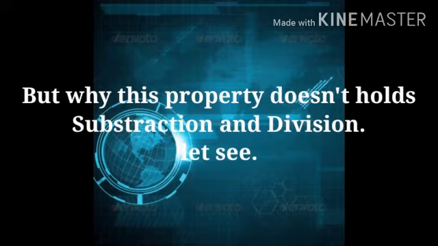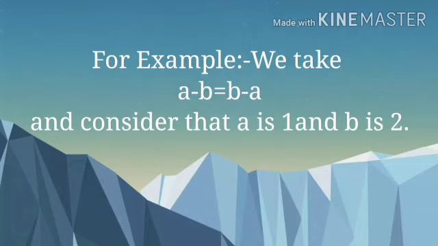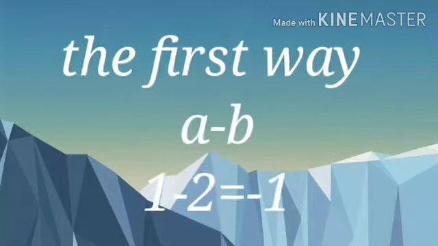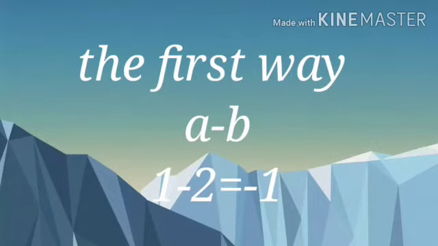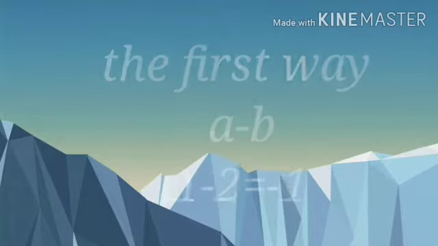But why does this property not hold for subtraction and division? Let's see. For example, we take a minus b equals b minus a, and consider that a is 1 and b is 2. The first way will be a minus b, which means 1 minus 2 equals minus 1.